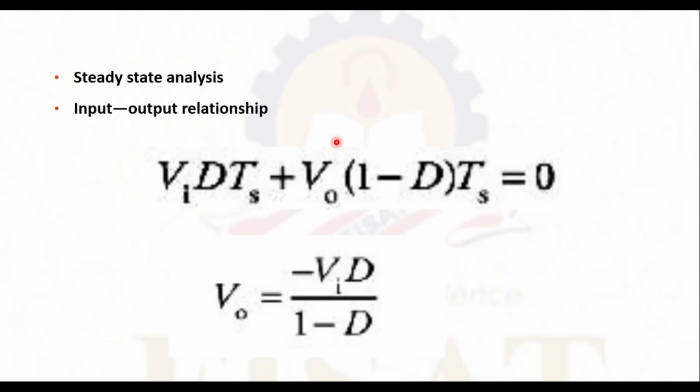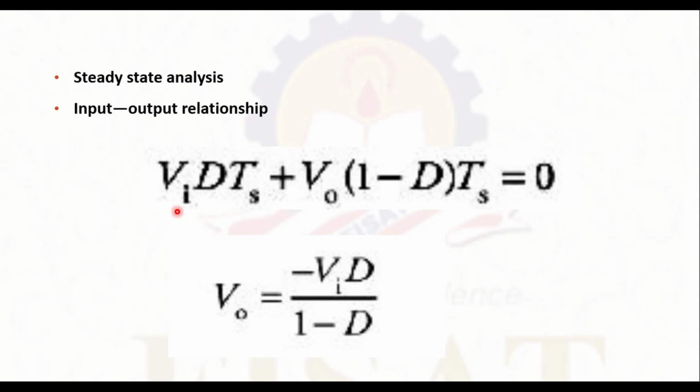Now the input-output relationship. In order to find the input-output relationship, we have to consider the voltage across the inductor during D into Ts as well as 1 minus D into Ts. The total voltage across the inductor over the entire time will be equal to 0.